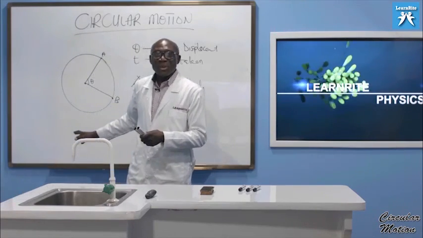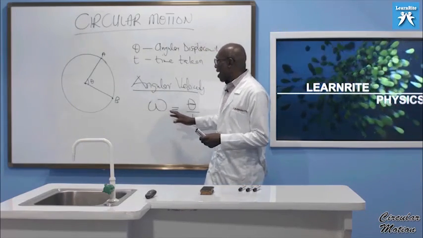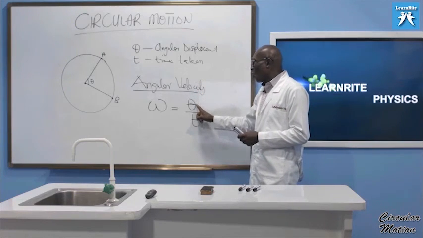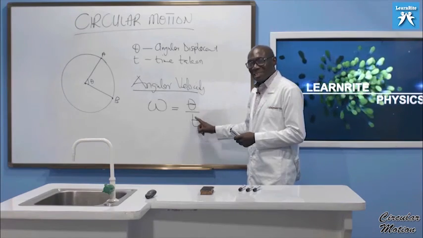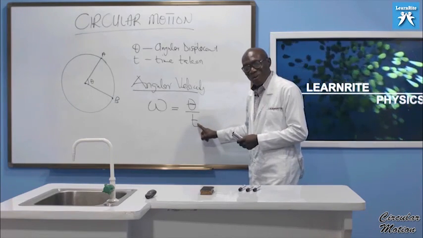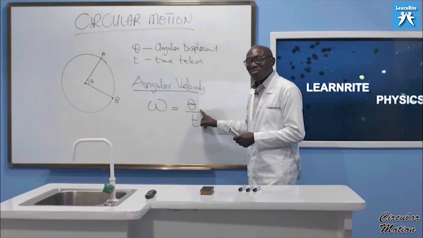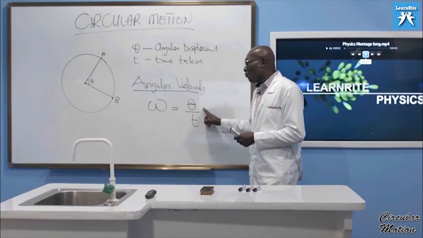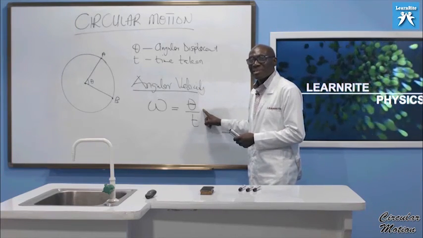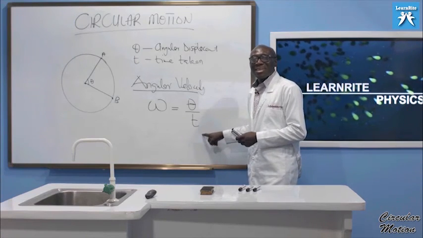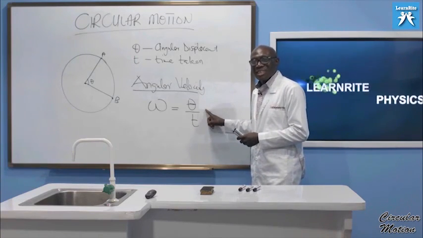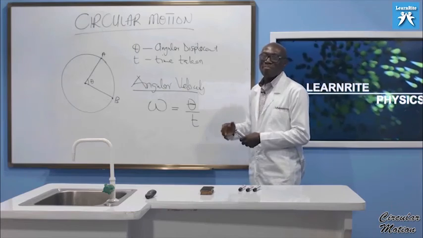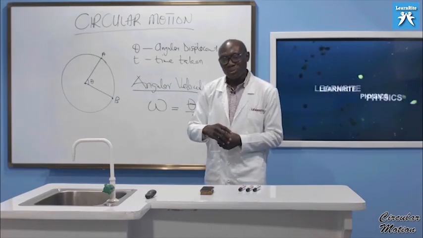We define angular velocity as the ratio of angular displacement to the time taken, or as the rate of change of angular displacement with time. That is angular velocity for you.